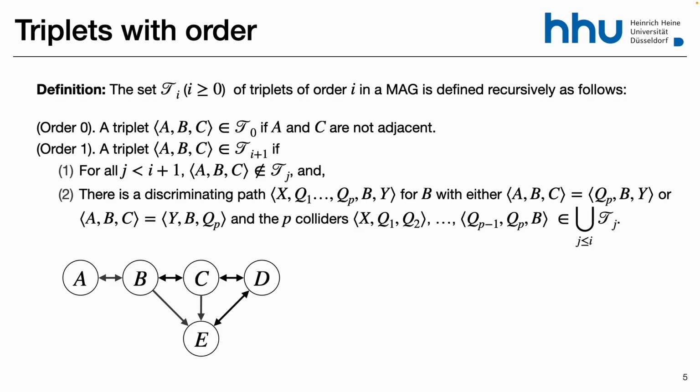So the only possibility is that this direction is open, so the only way is that this is a non-collider. To discriminate the fact that C is a non-collider, I had to condition on one variable first, which was B. That's why the triplet BCE is going to be a triplet of order 1, because I condition on one variable, and in this case it is a non-collider of order 1.